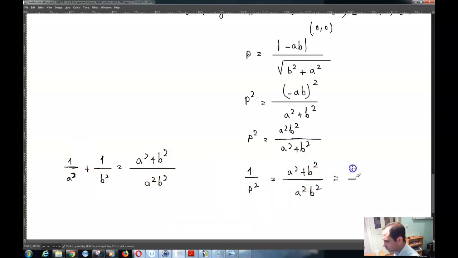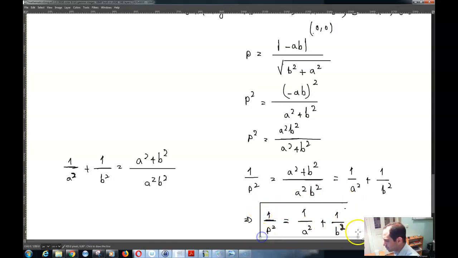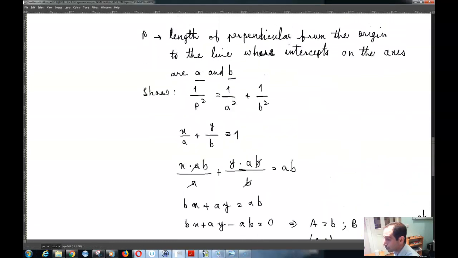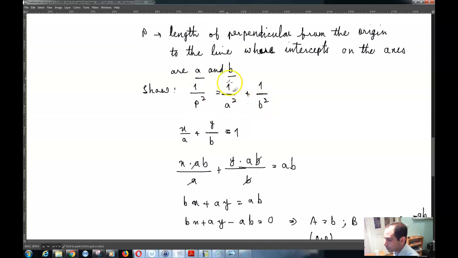I don't know where I made the mistake the last time. So 1 over p squared is 1 over a squared plus 1 over b squared, which is what we wanted to show over here.